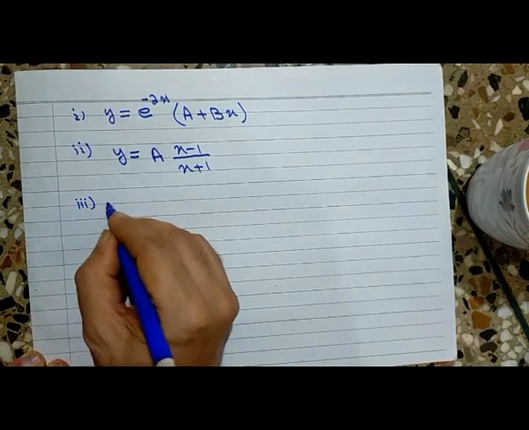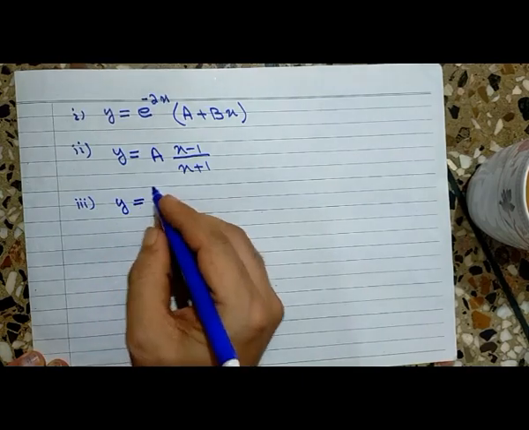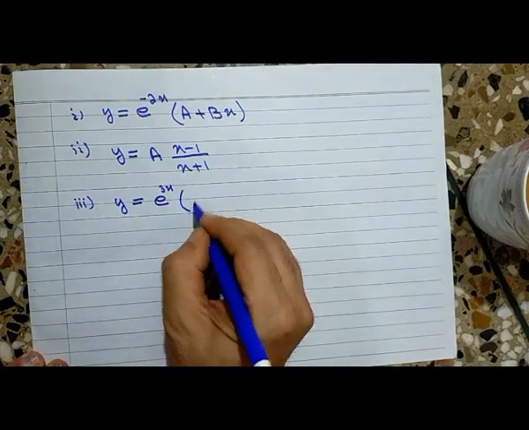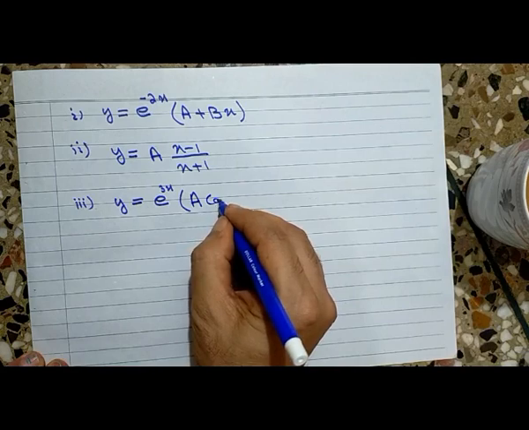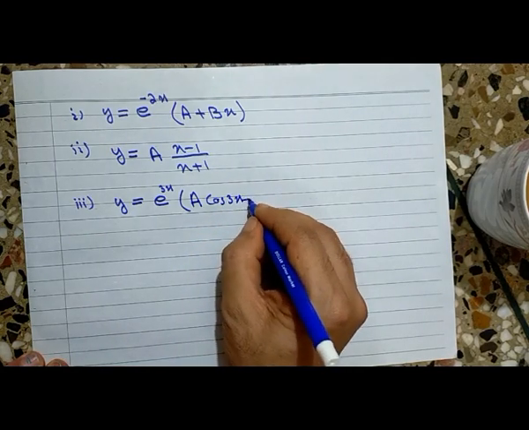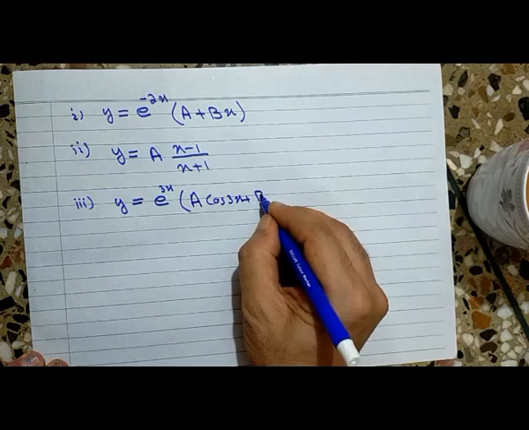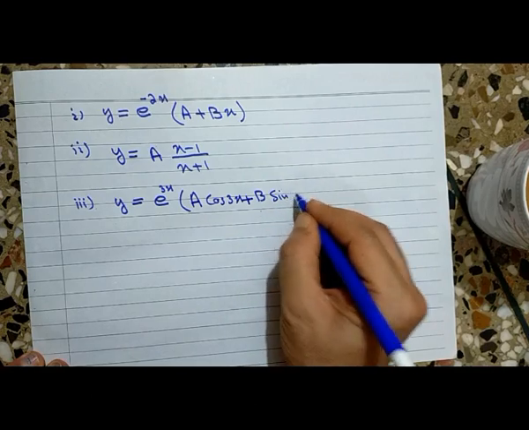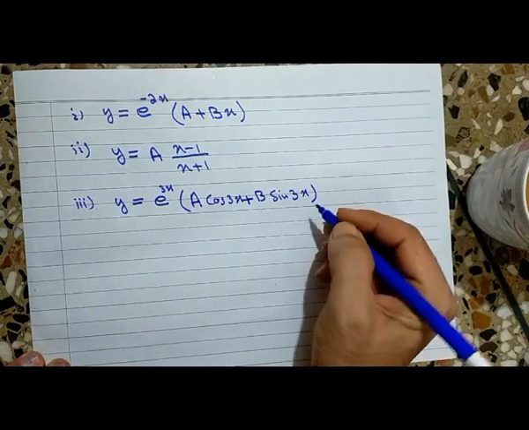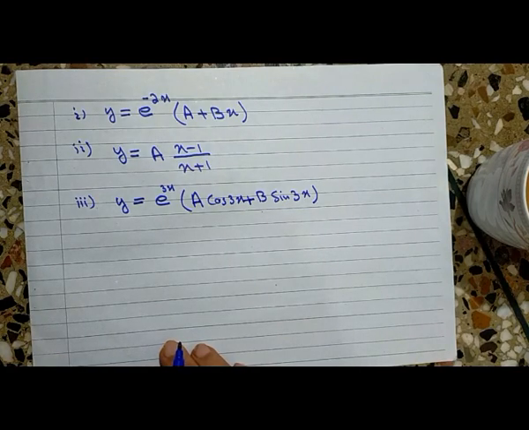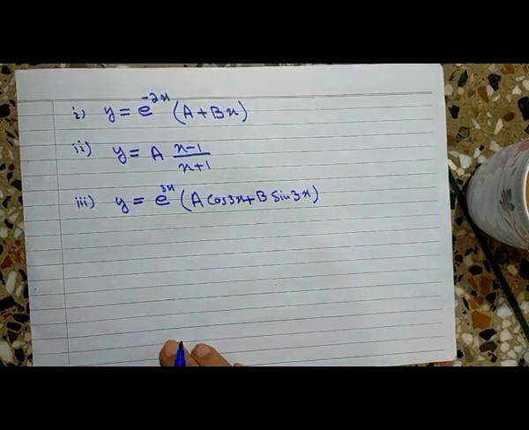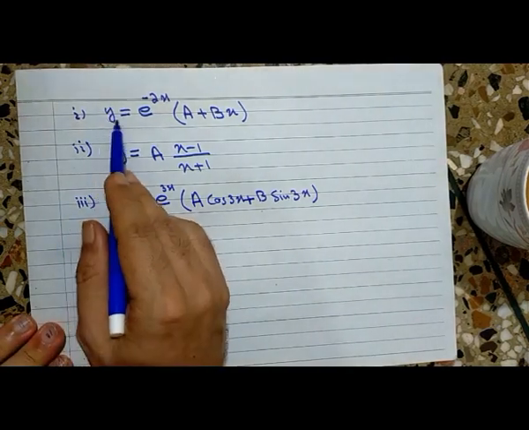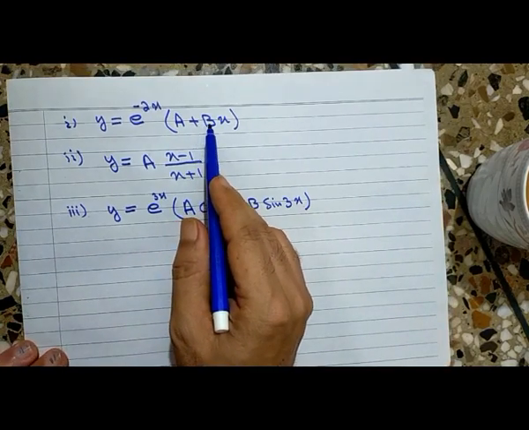The third one says that y equals e to the power 3x into a cos 3x plus, sorry, this is plus b sine 3x. Okay. Now, without working each out in detail, we can say that this one is, yes, you are right.